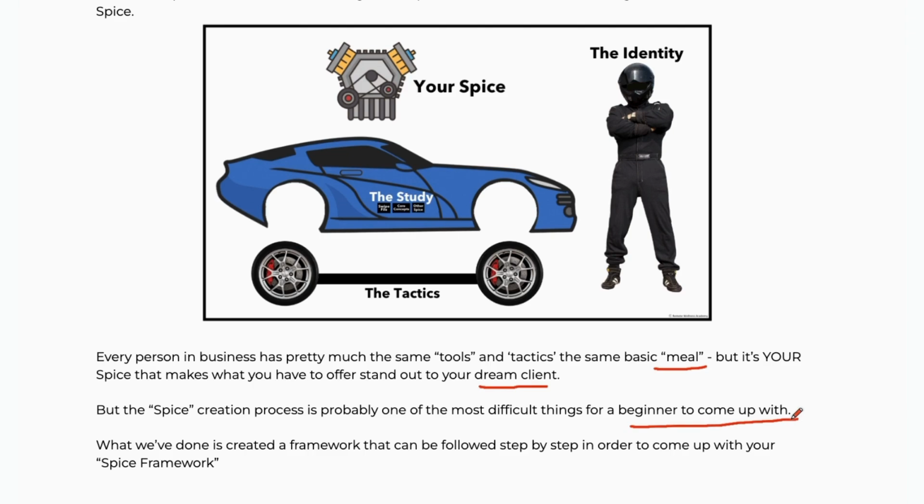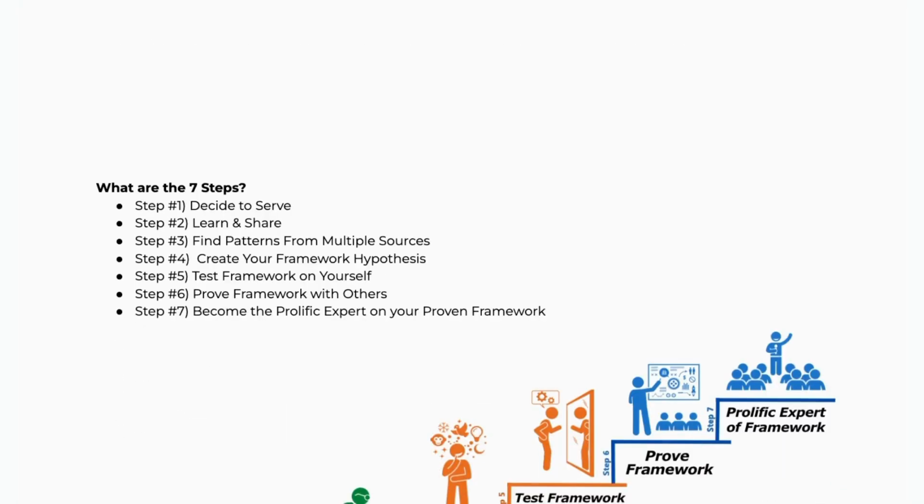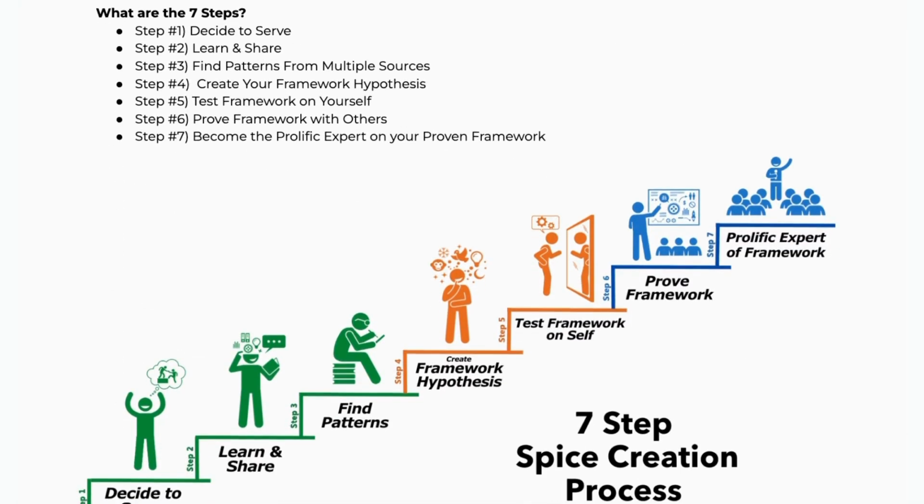That really is the reason why a lot of beginners have difficulty in this coaching education market: they don't have anything unique to provide. So that's exactly the reason why we're going through this. We've created a framework that you can follow step by step to come up with what we call your spice framework, and we've broken it down into 7 specific steps.